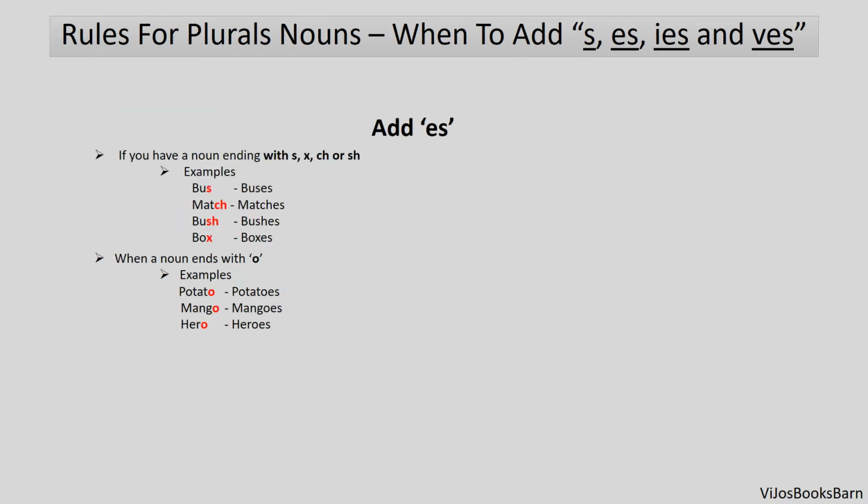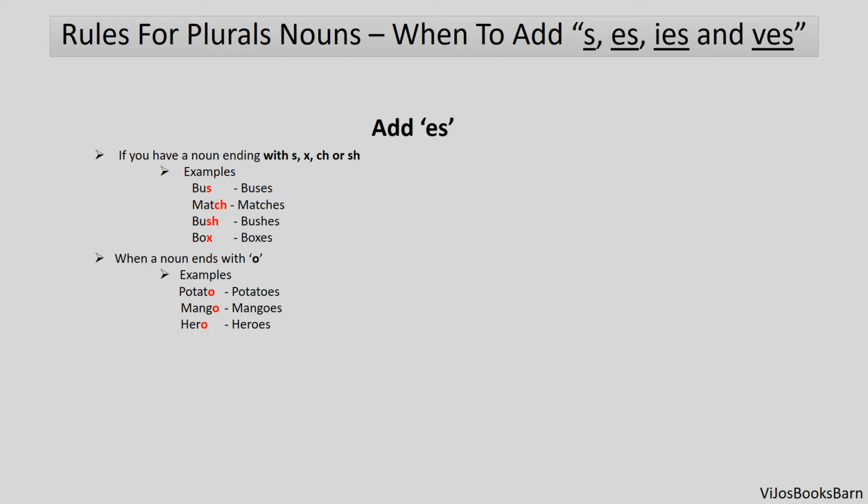Now next let's see when to add es. You should add an es to a noun which ends with s, x, ch or sh. So here are examples for those letters.